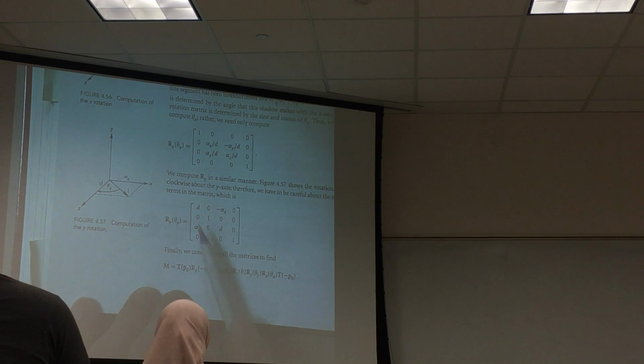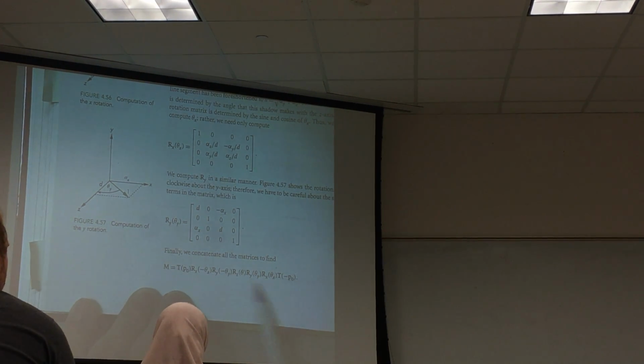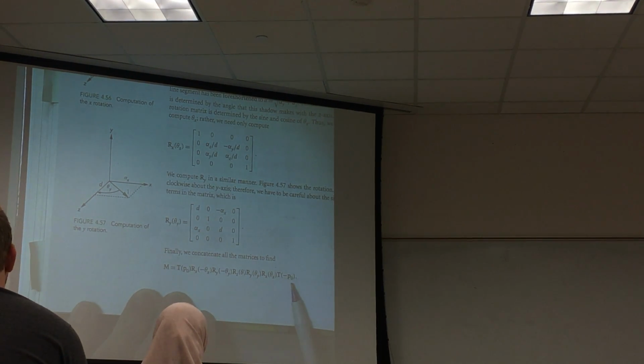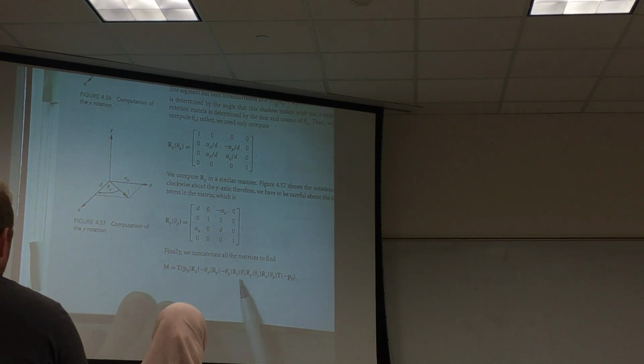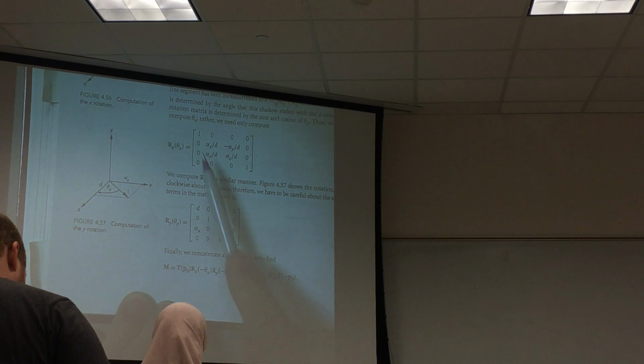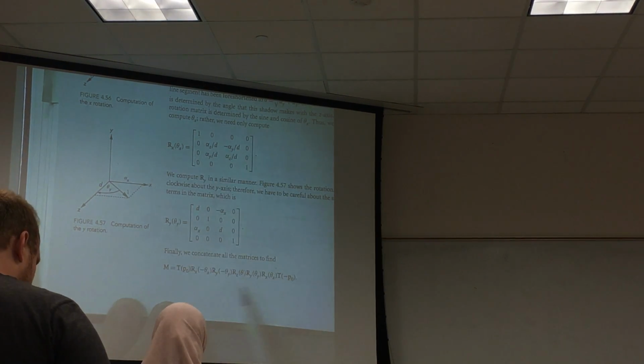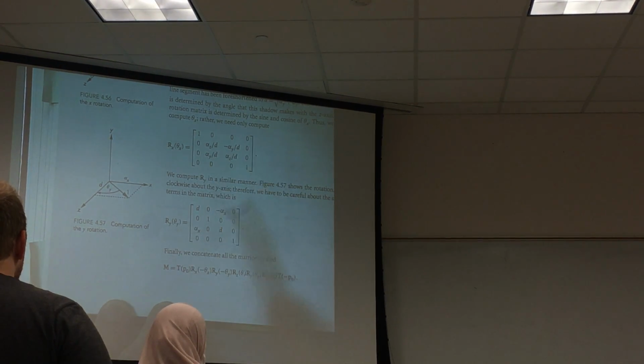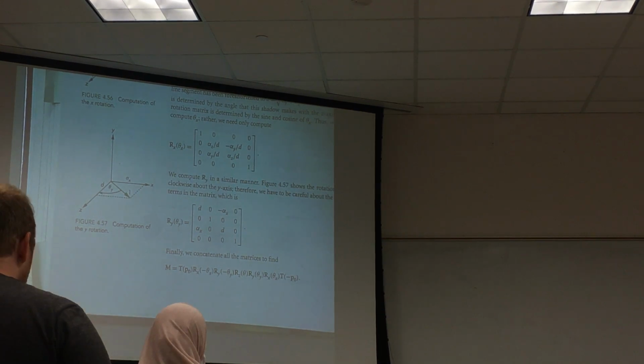We just flip the signs in here. And also the translation is the same thing. We just flip this one. And this is the angle that we're looking at. So now you can take all these 5 matrices and multiply them together into a big matrix. And that's the rotation matrix.